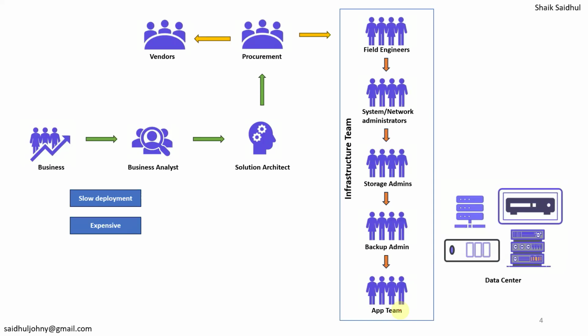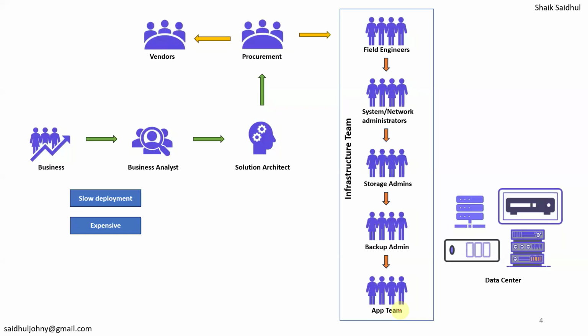Okay. The second thing is that it is expensive. We already know that the overall cost to maintain and deploy the model is very high. Because the moment you maintain the data center, 24 by 7 electricity, 24 by 7 cooling supply, 24 by 7 security, maintenance, field engineers, there are many teams behind the scenes.